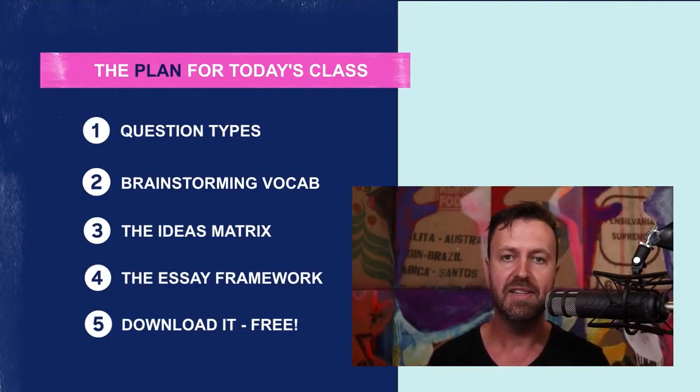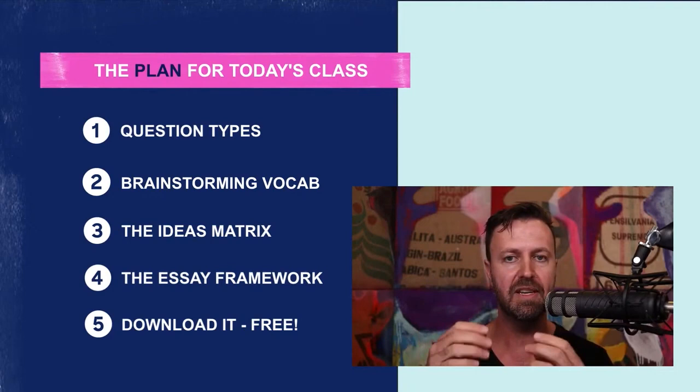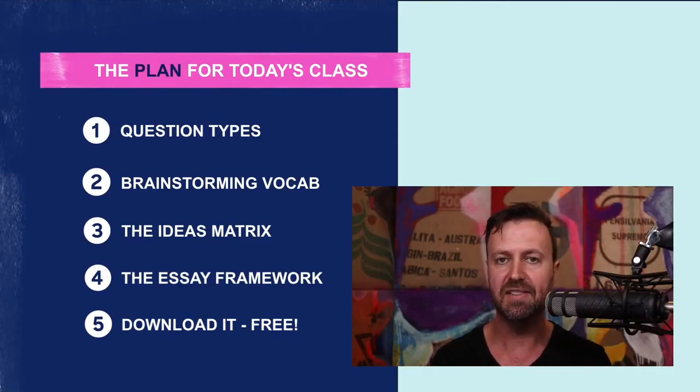The third part is the ideas matrix. This is the step that we use to really make sure that the essay is robust and we've got great content in there. The other is obviously looking at the essay framework. And today we're going to be looking at sentences literally one by one to ensure that you guys are comfortable when doing the test and you understand the attack strategy that's there.